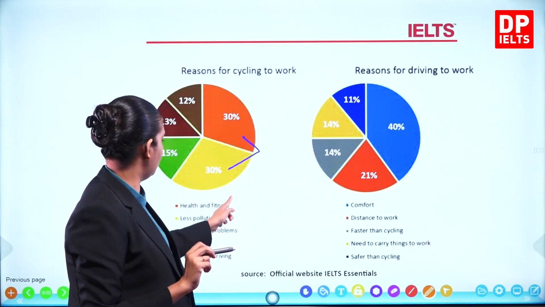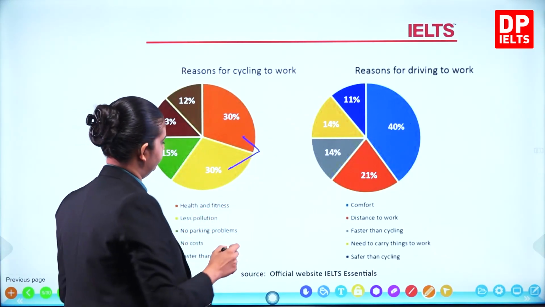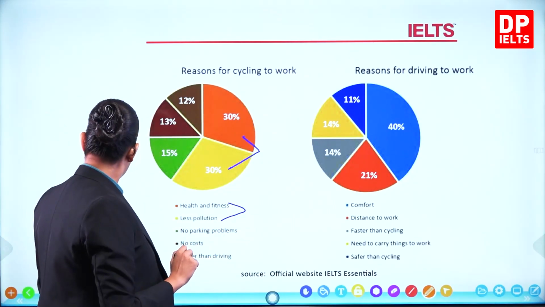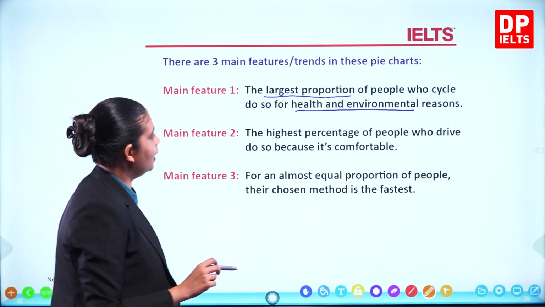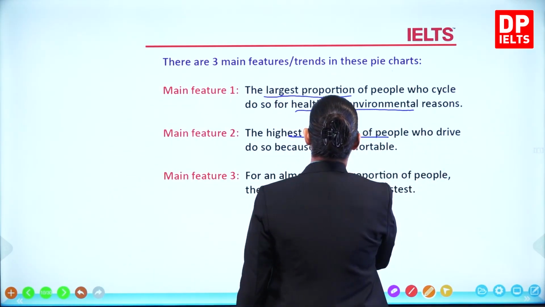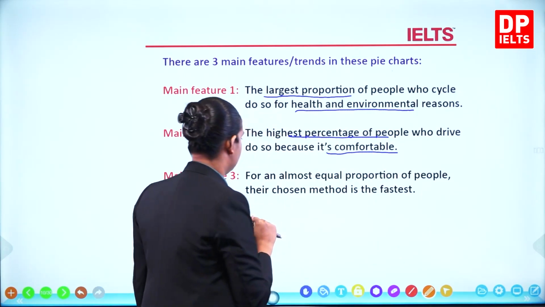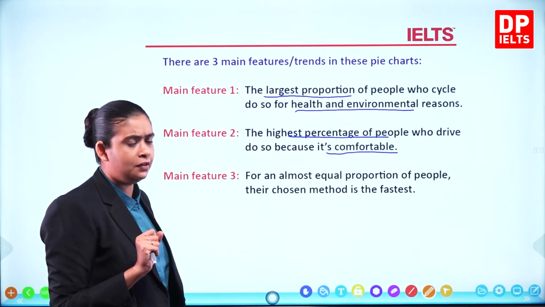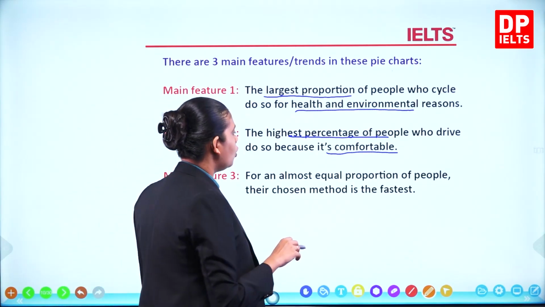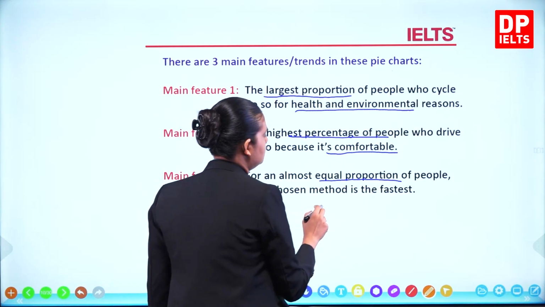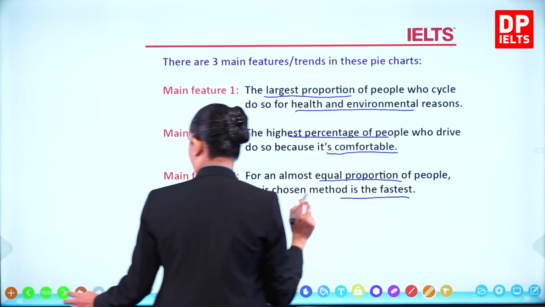Health and environmental, because it's less polluted. These are the two reasons. Then we saw the highest percentage of people, they drive because it's comfortable, right? Then the third main feature is that for an almost equal proportion of people, their chosen method is the fastest.